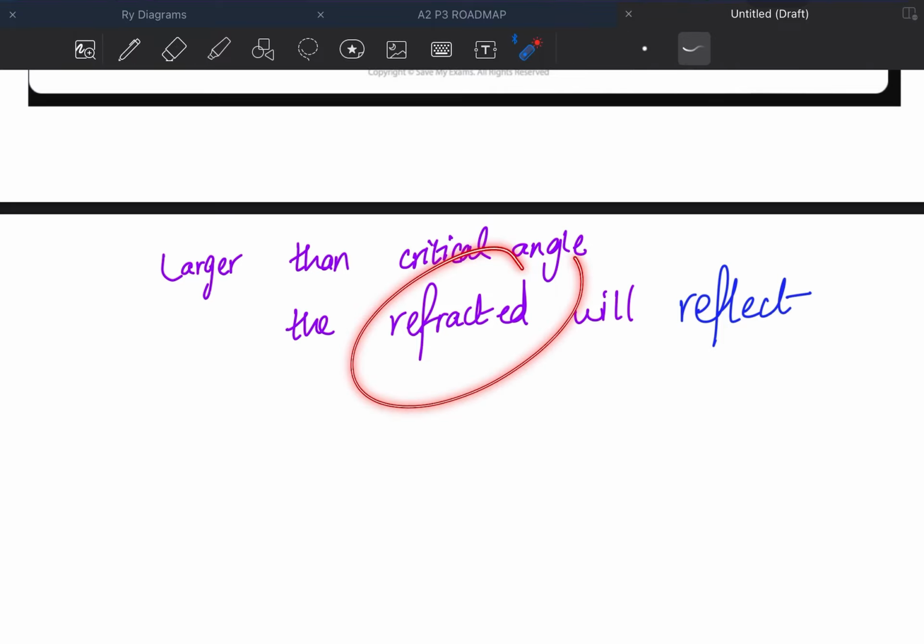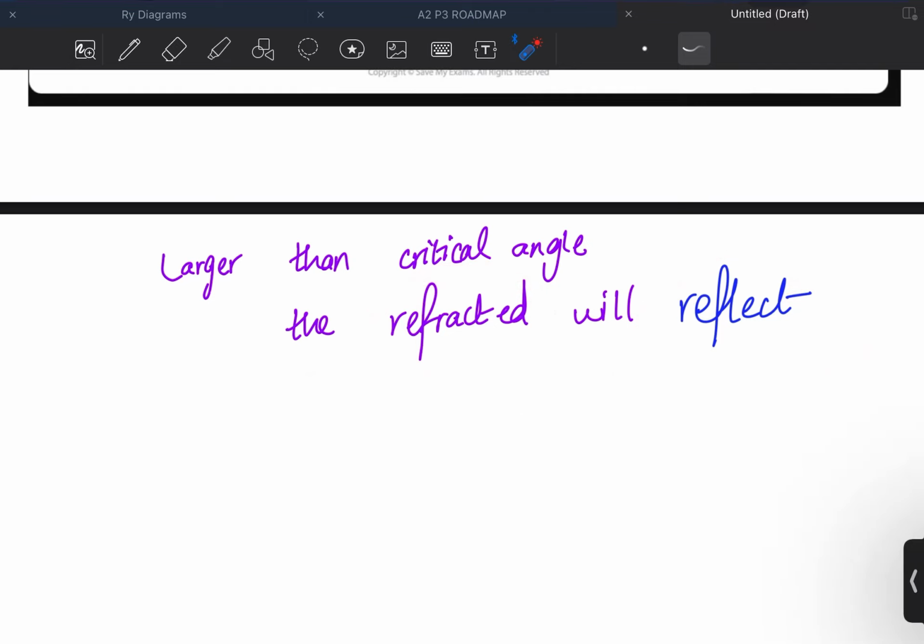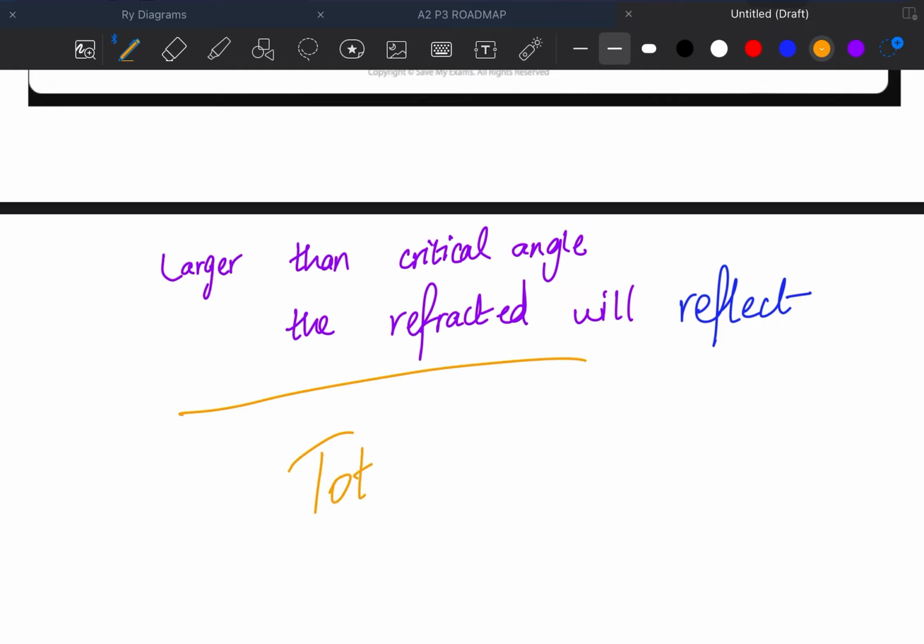From refraction it will move to reflection. When will this happen? This will happen when the angle of incidence is larger than the critical angle, then the refracted ray will become reflected. You call this process total internal reflection.